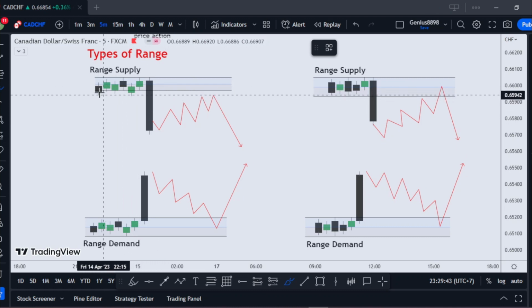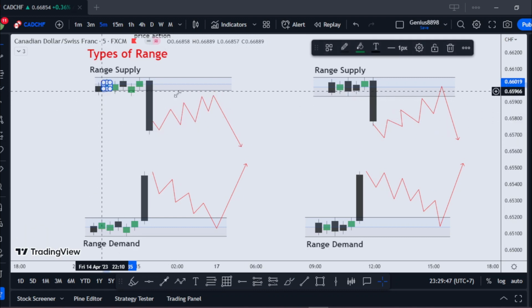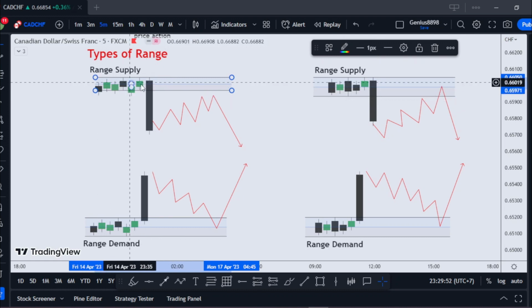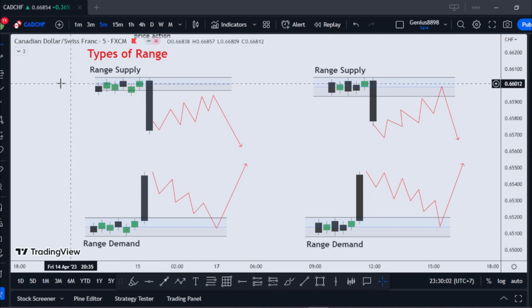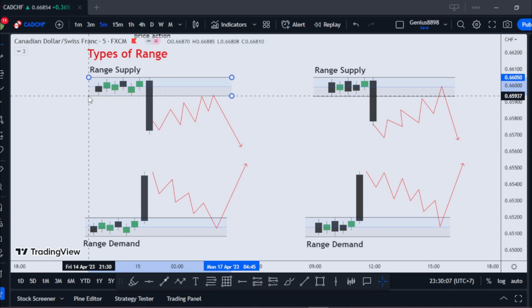When it comes to range, it has a lot of flexibility, but you have to understand, in this type of condition, should you use one or two candles? And in this particular example, two candles is the best option because it covers the whole range, right? So you want to use two candles, not just one candle, okay?